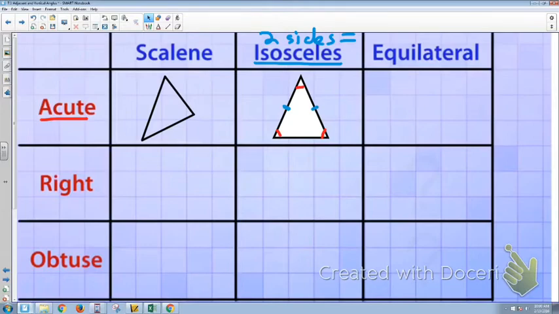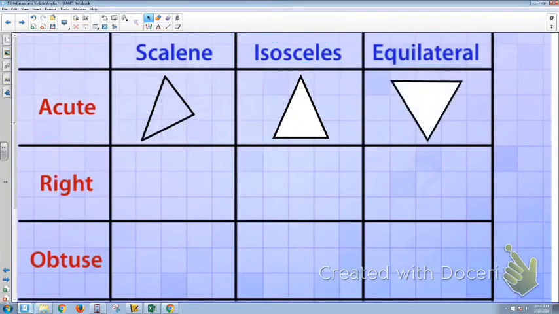If I were to measure them, they would come out to be the same length. And this third length here is not the same as the other two, and that's important to understand. This is exactly two side lengths that are equal to each other. This is what we call an isosceles triangle. So it's not just an isosceles triangle, it's an isosceles acute triangle. Now, you can say it acute isosceles, or you can say it isosceles acute. It doesn't matter either way, but that's what we call an isosceles acute triangle. It's both of them.